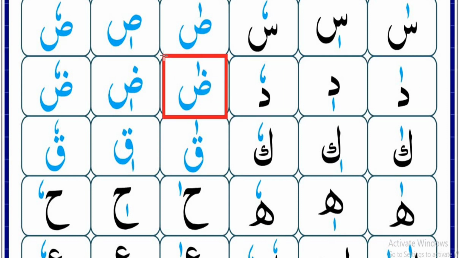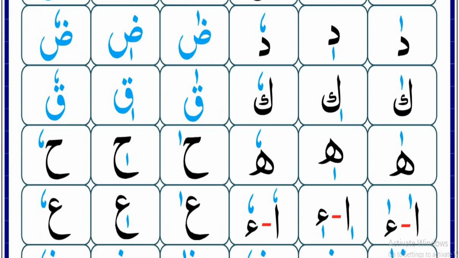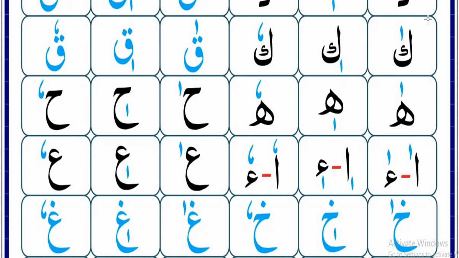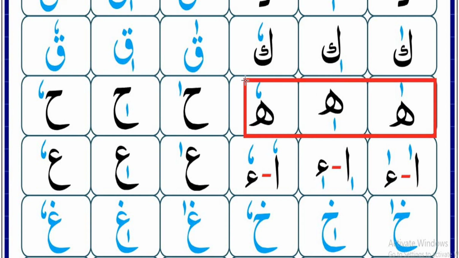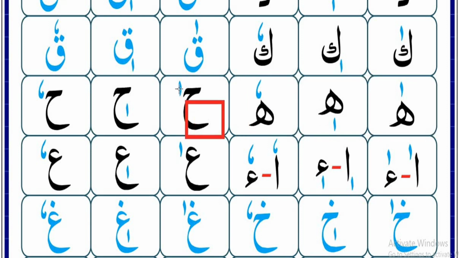Dot, standing fatha da, standing kasra di, standing dhamma du. And now let's read the rest of the letters without spelling. It's ka, ki, ku, qa, qi, qu, ha, hi, hu. The next is ha, hi, hu.